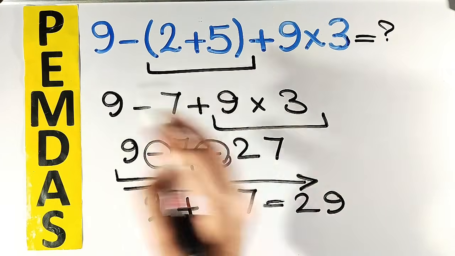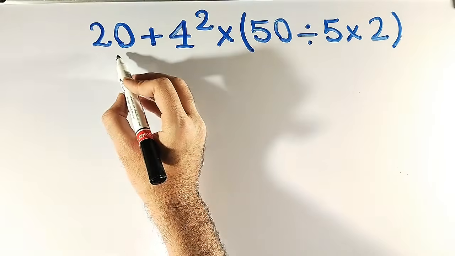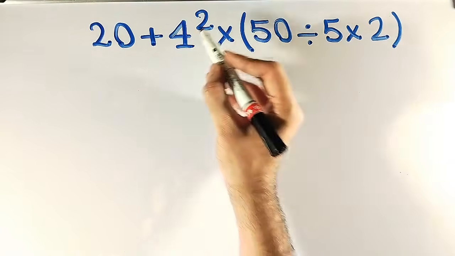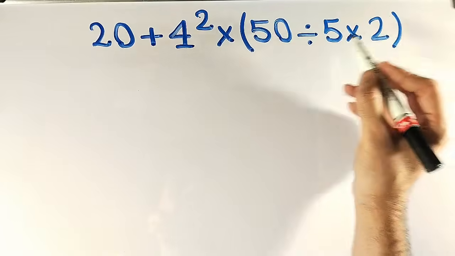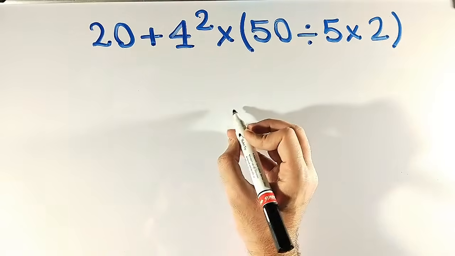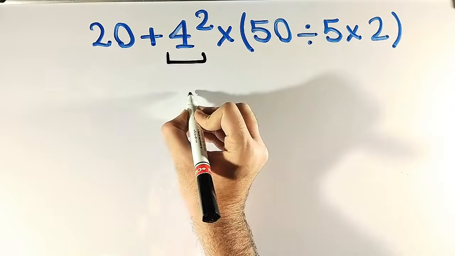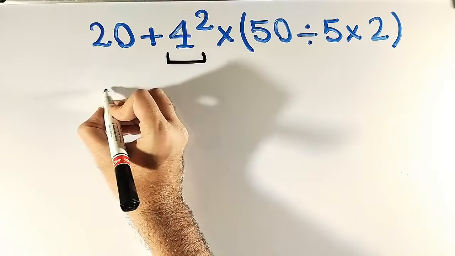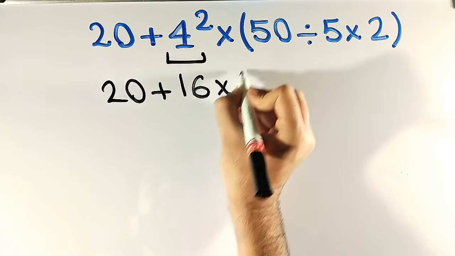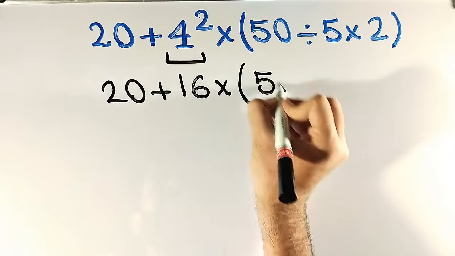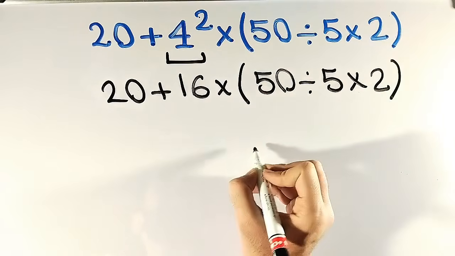Okay, now let's solve another math question together. What is the value of the expression 20 plus 4 squared multiplied by open parenthesis 50 divided by 5 times 2 close parenthesis? Many people when solving this question first go for the exponent, and instead of this expression they write 20 plus 16 multiplied by open parenthesis 50 divided by 5 times 2 close parenthesis.